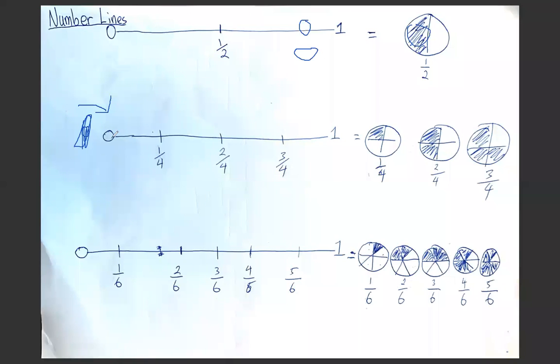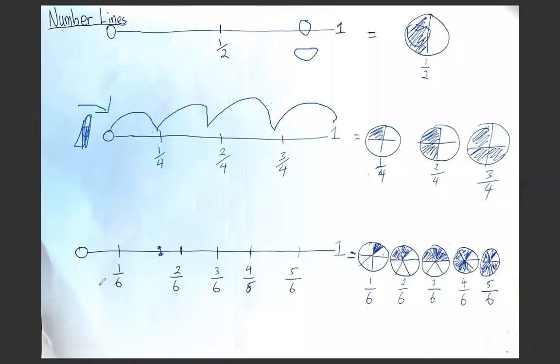If it was not there, this is how you can find it by yourself. You go from 0, you go 1, 2, 3, 4. That means the denominator, and every line on this number line has the same denominator: 4, 4, 4.